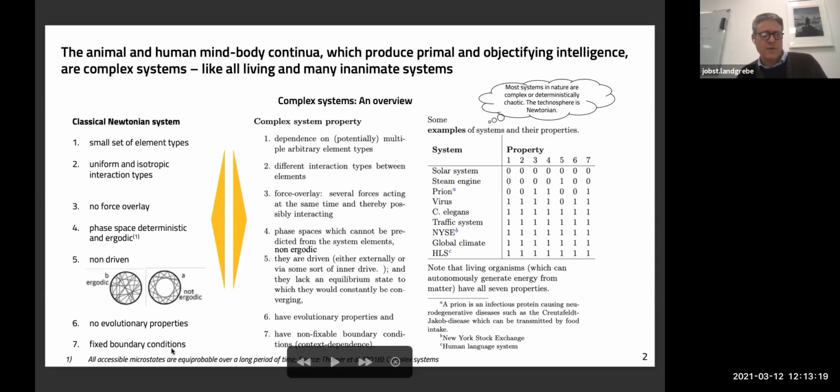And such a system, that's very important, has fixed boundary conditions. For example, if I take the solar system, which is 3.6 parsec away from Alpha Centauri, the next solar system, and I move it a half a parsec towards Alpha Centauri, it would change nothing of the properties of the planets or of the sun, how they relate to each other.